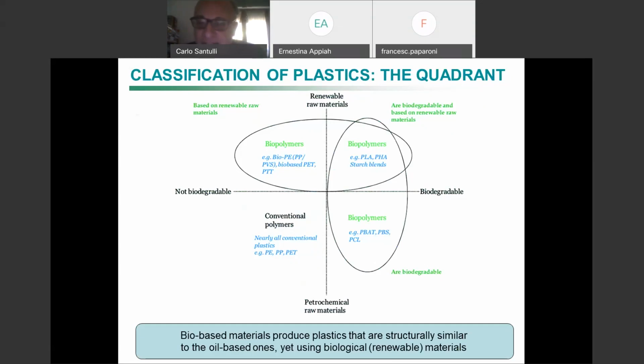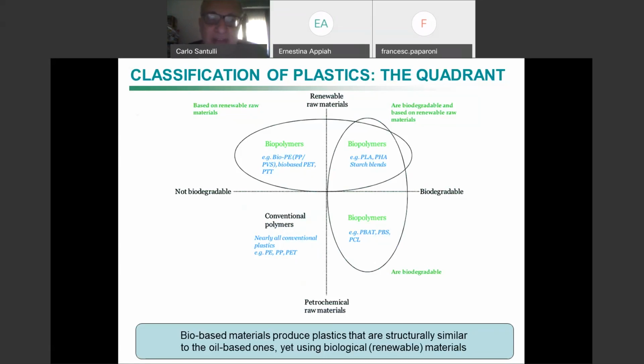Therefore we can say non-biodegradable, so very slow, or biodegradable, so reasonably fast. So please consider that this is a rough simplification, which is useful, because most laws in engineering are useful because they are very simple.